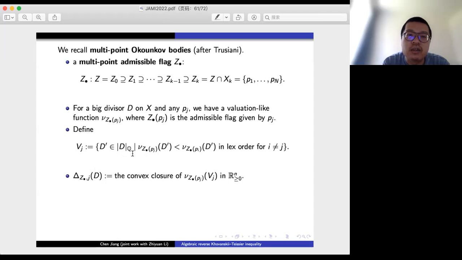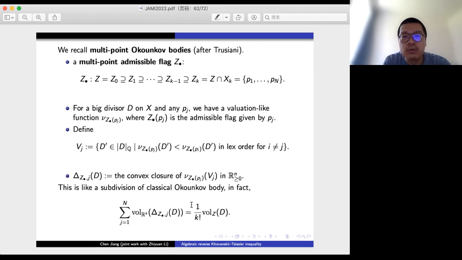We divide the linear system with respect to the value on different points. Okay, so actually it proves that the volume of the sum of these bodies is the same as the original volume of the divisor with a scalar.